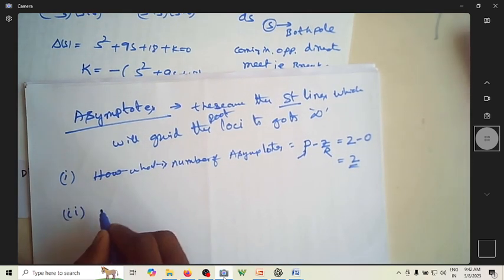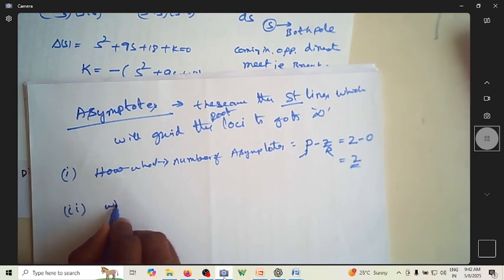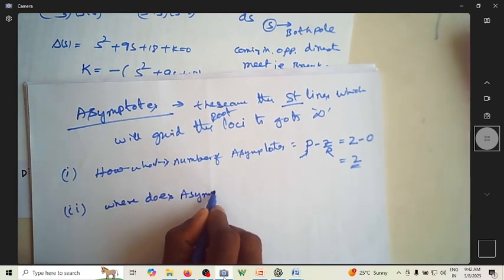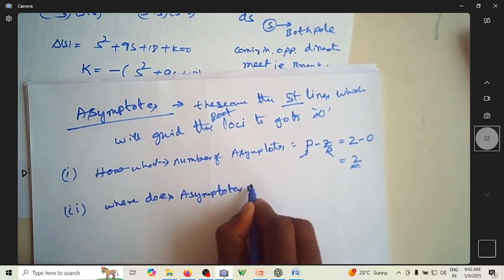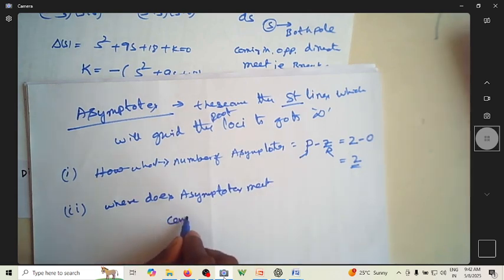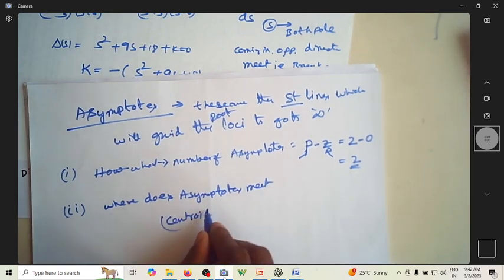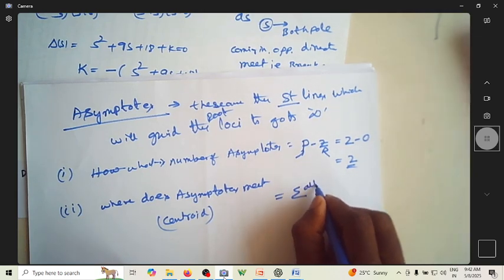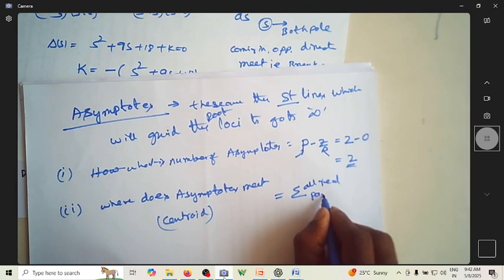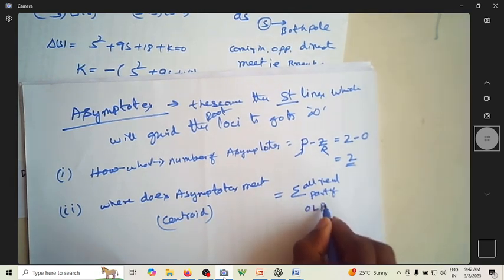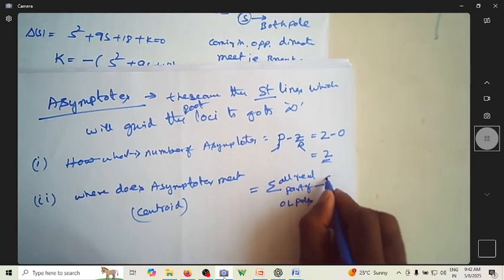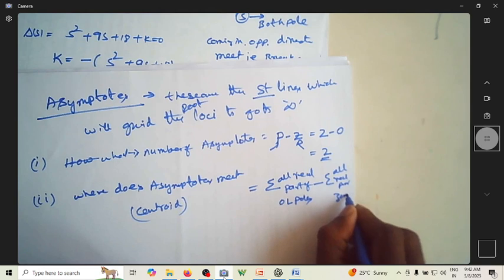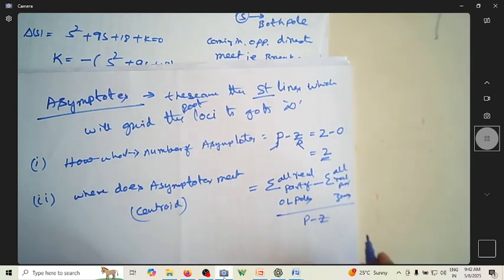So that is the first thing. Next is, where do the asymptotes meet? The asymptotes meet at the centroid. This centroid is the summation of all real parts of open loop poles minus the summation of all real parts of zeros, divided by p minus z.